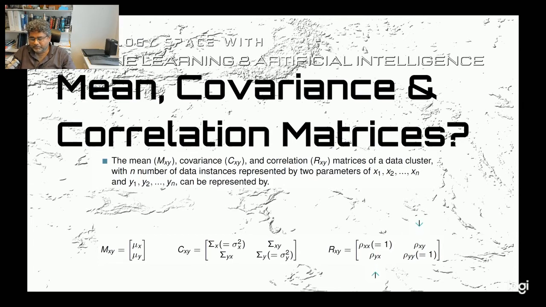And you have to remember this is a 2-parameter situation. If you have 3-parameter, 4-parameter and high dimensional data spaces, your matrices will get expanded with respect to the number of parameters. So you would get different mean values, covariance values and correlation values with respect to the structure of these matrices.